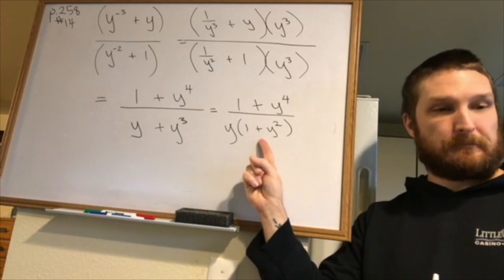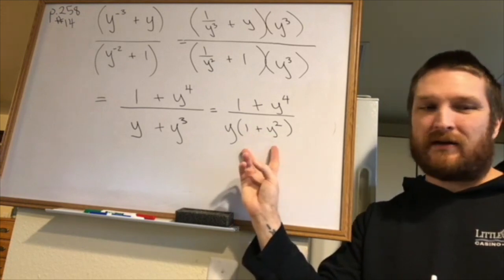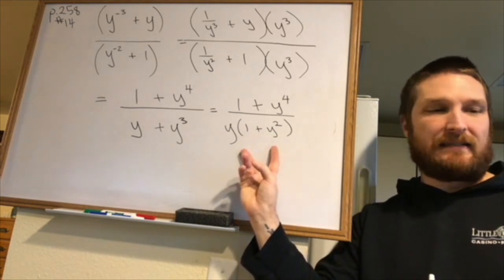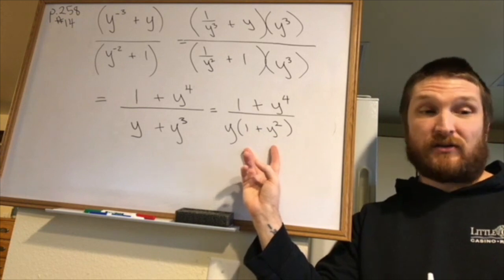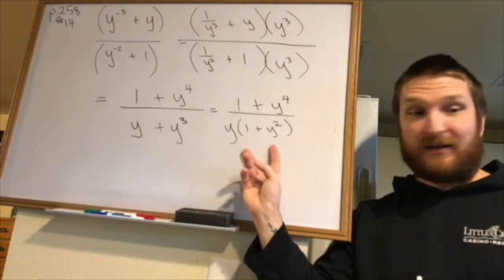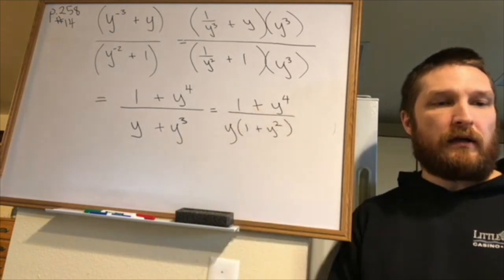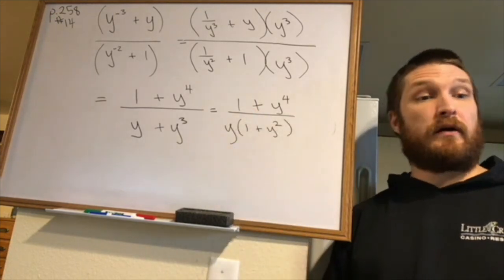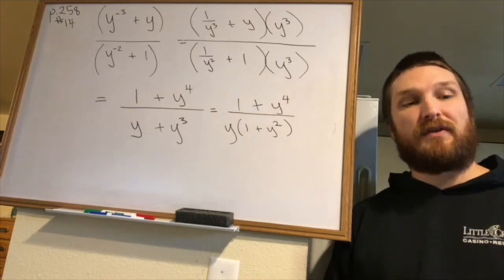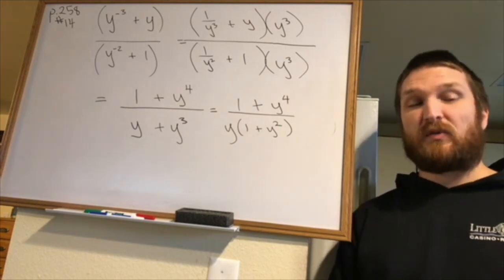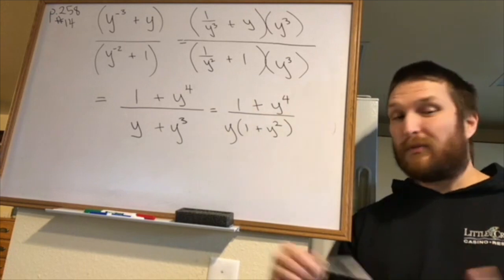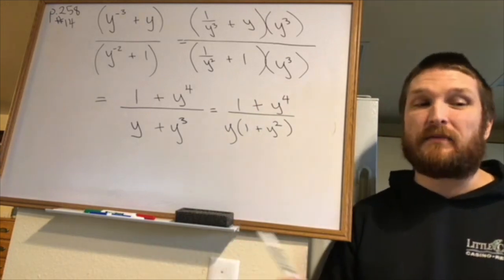Oh, a sum of squares cannot factor. Right, not without imaginary numbers, which we're not going to do. So ditto up here. 1 is 1 squared squared. Y to the 4th is y squared squared. So we have a sum of squares, but we're done. Can't do anything with the sum of squares.